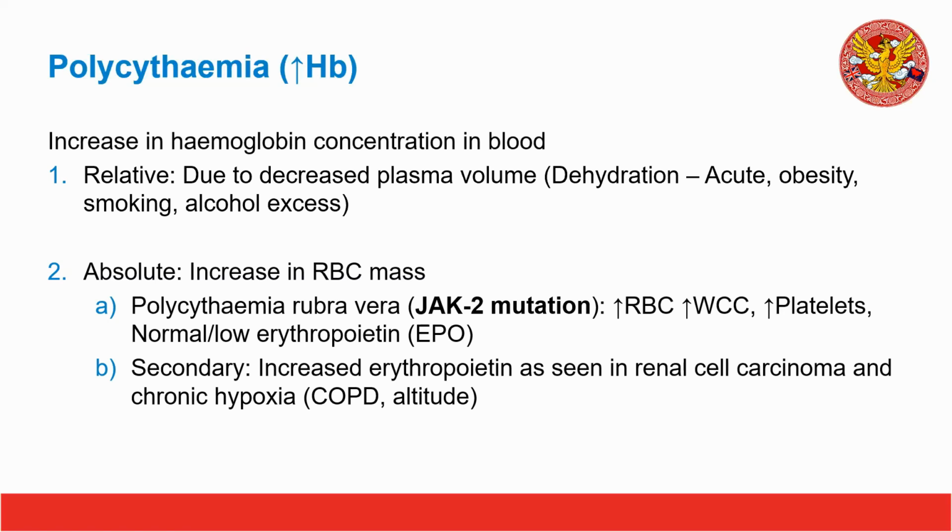Yeah, so just remember the two main forms, relative and absolute, and in the absolute you have your primary and secondary causes. Forgot to mention, polycythemia rubra vera is often associated with a mutation in a gene called JAK2, which is seen in quite a few other myeloproliferative disorders. And that's something that's often used in SBA questions as a buzzword, so do note that.